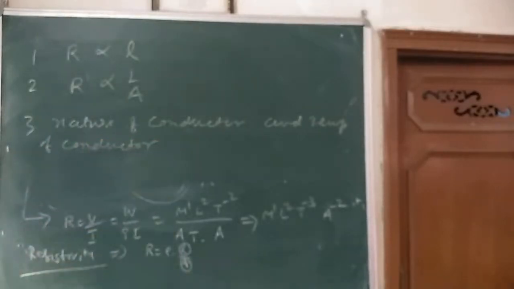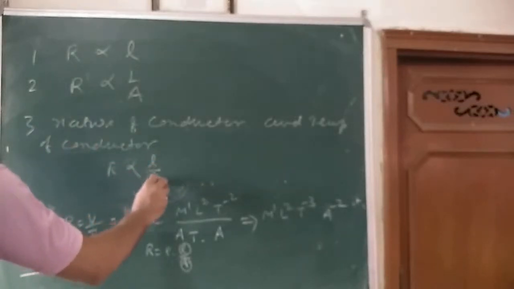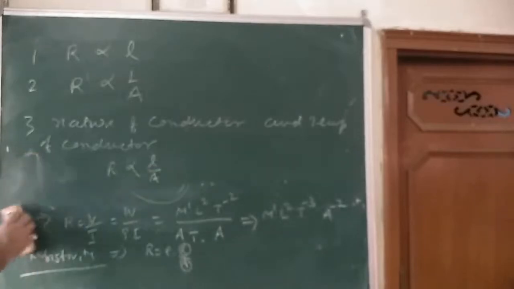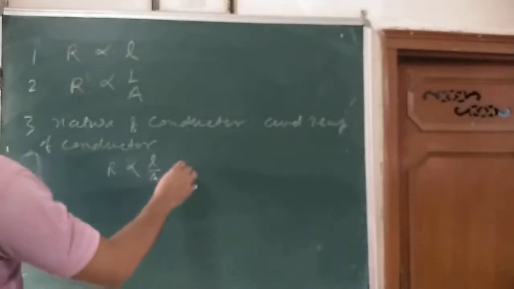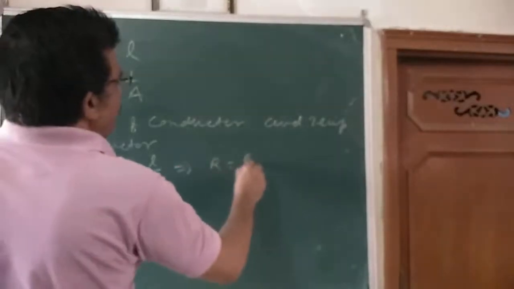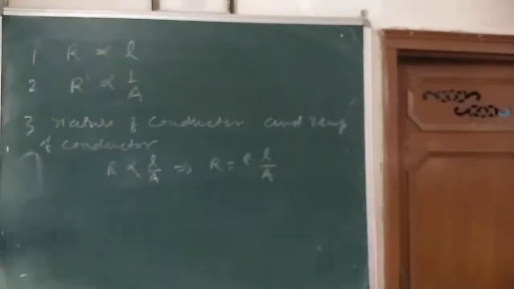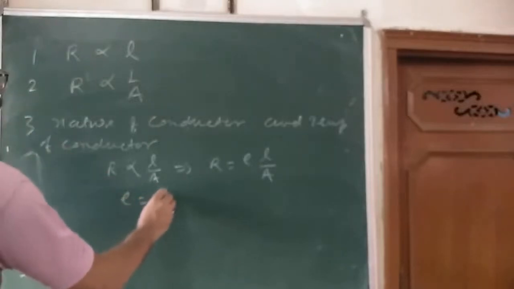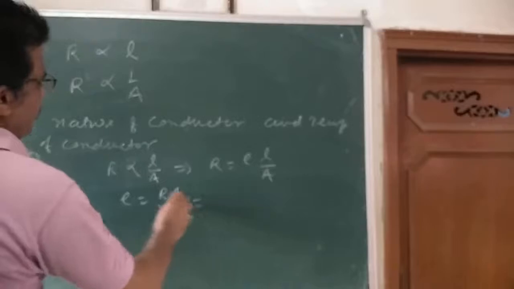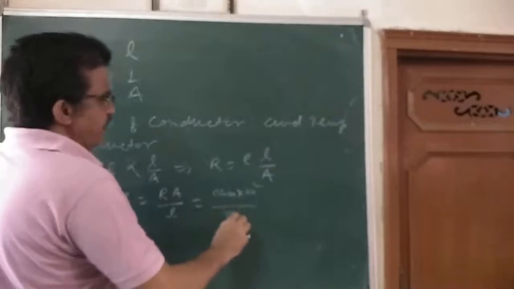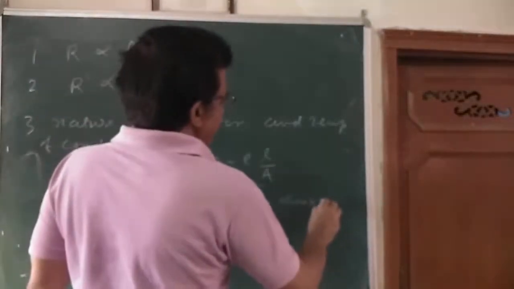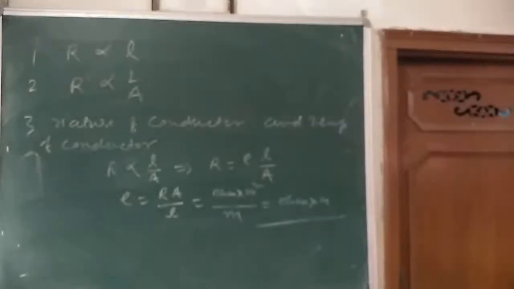So dear children, R is proportional to L by A. When we combine these two, R is proportional to L by A. And the constant of proportionality, if I want to write R is equal to rho into L by A, here rho is called specific resistance or electrical resistivity. So rho is equal to R A divided by L. The unit of resistivity is ohm into meter square divided by meter, that is ohm meter. This is the unit of resistivity.